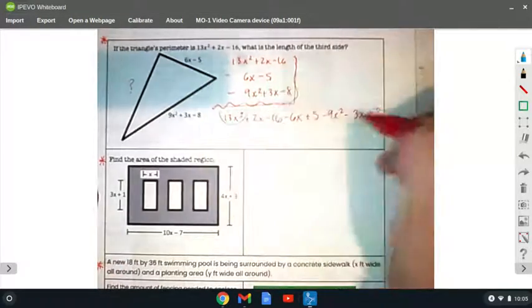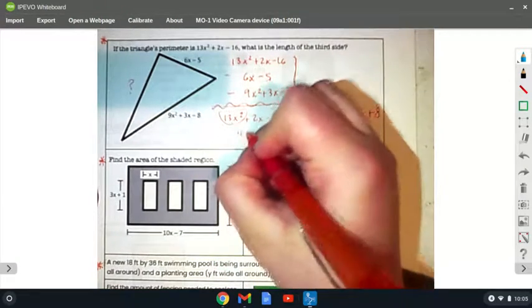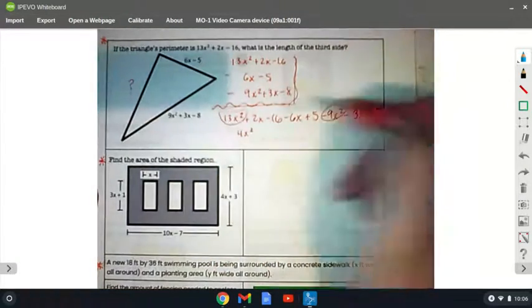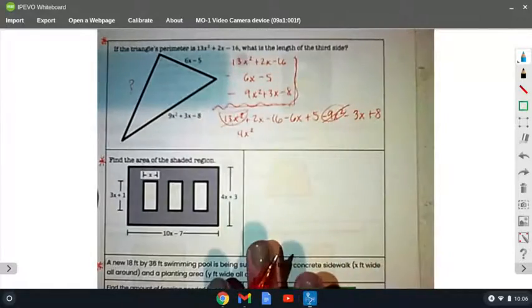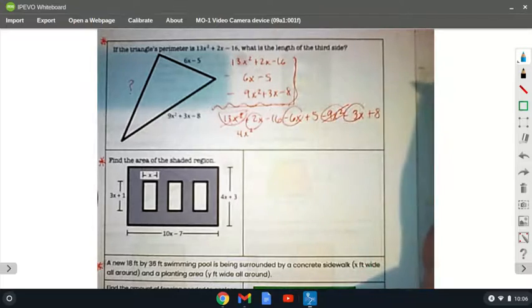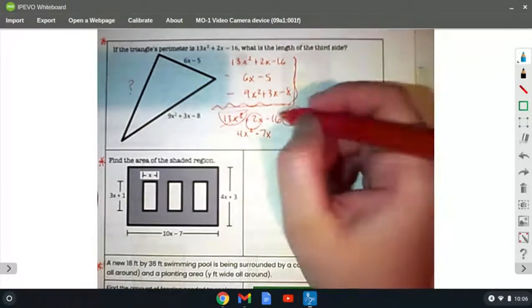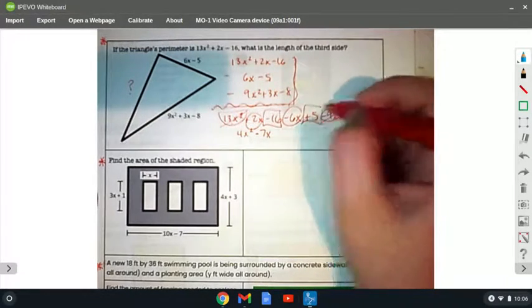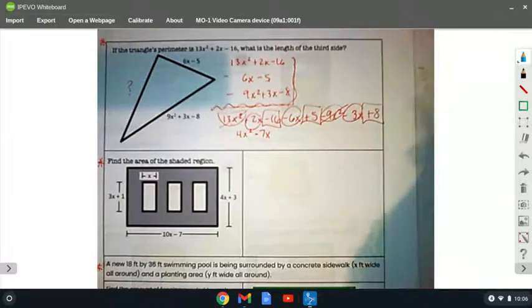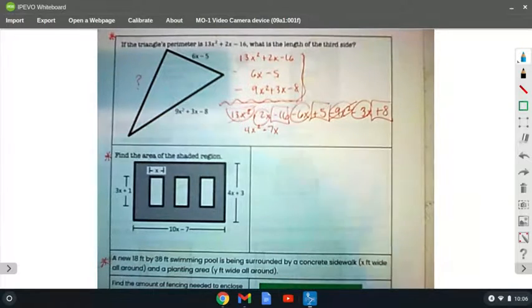So my largest exponent here is that power 2, so I'm going to combine those first. 13 minus 9, that's going to give me 4x squared. And then I'm going to cross those out to know I've taken care of them. Next, I have that power of 1. I have 2, negative 6, and negative 3. So that's going to be 2 minus 9. That's going to be negative 7x. And then I have negative 16 plus 5 plus 8. So I have negative 16 plus 5.